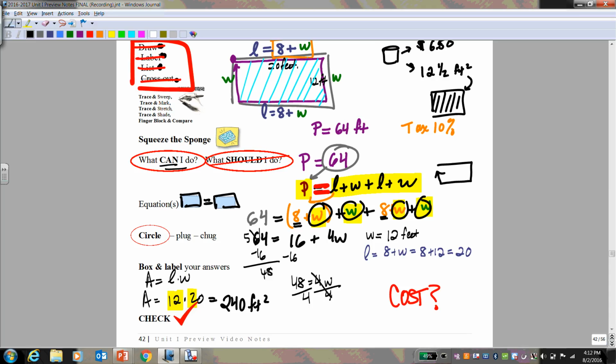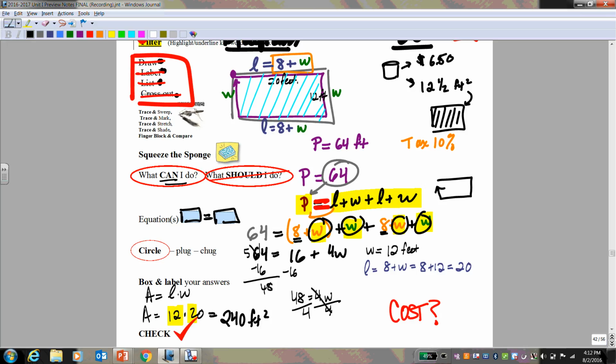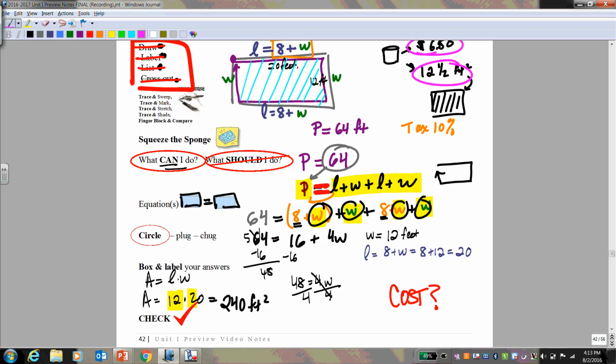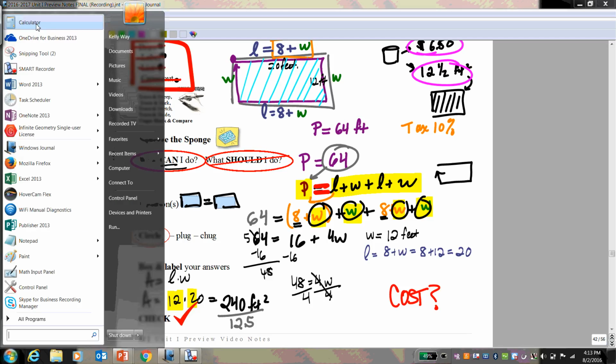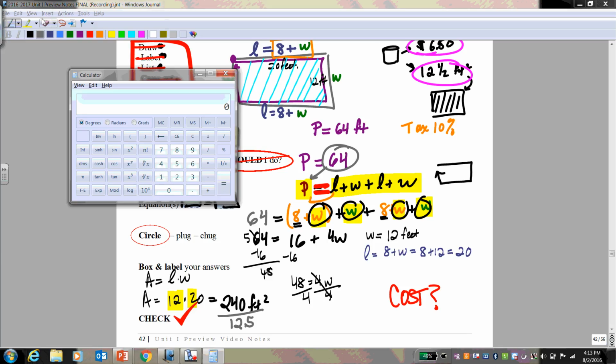Now our ultimate goal is cost. So we look, what's going to start getting us money? We need to talk about bags of cement. That's money. And each bag covers about 12.5 square feet. So for every 12.5 feet squared, I need 1 bag of cement. So I'm going to go down here and divide by 12.5 to figure out how many bags of cement I need.